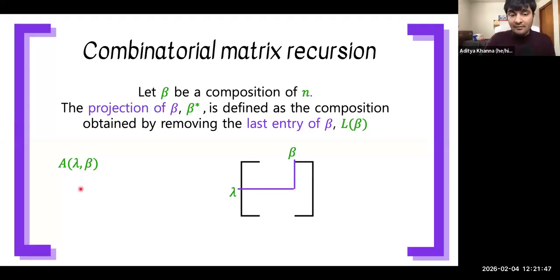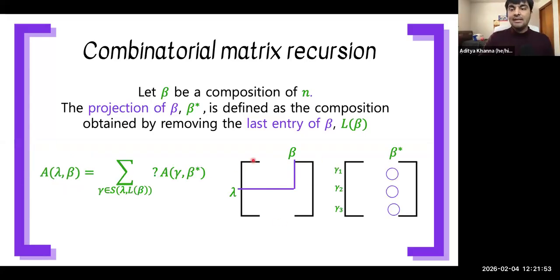So what do we have? If I want to find for a general matrix A the entry lambda comma beta, then there is a family which shows this sort of recursion where if you look at the column corresponding to the projection beta star, there are some entries which, when put together, contribute and make this entry happen.